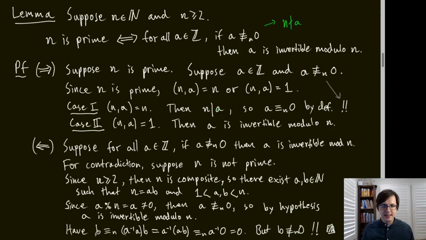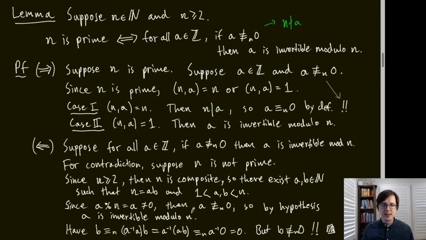So then, let's calculate. b is congruent mod n to, we're doing this multiplying by 1 trick, a inverse times a, that's 1, which we can do because a is invertible. Then we can reparenthesize it, but a times b is n, right? And n is congruent mod n to 0. And anything times 0 is 0, so then we see that b is congruent mod n to 0.